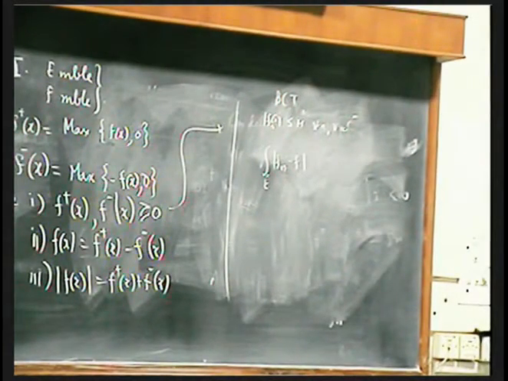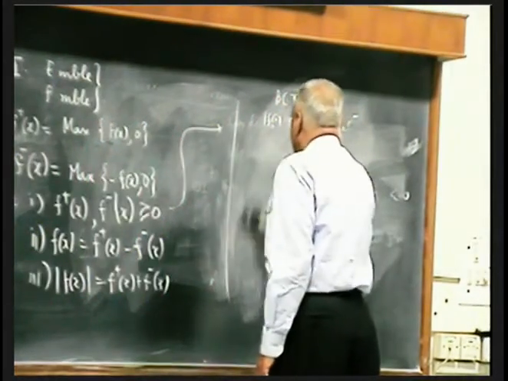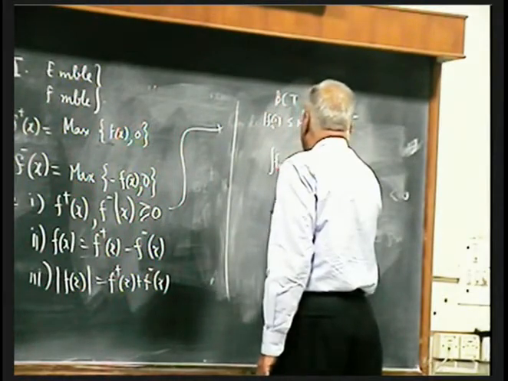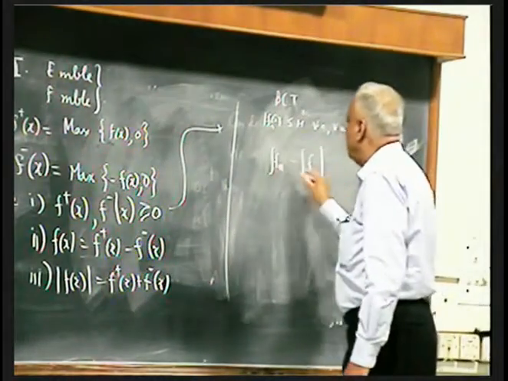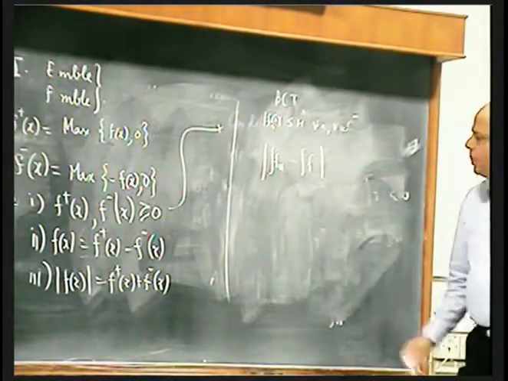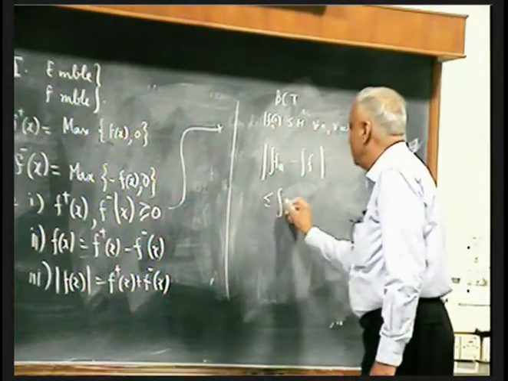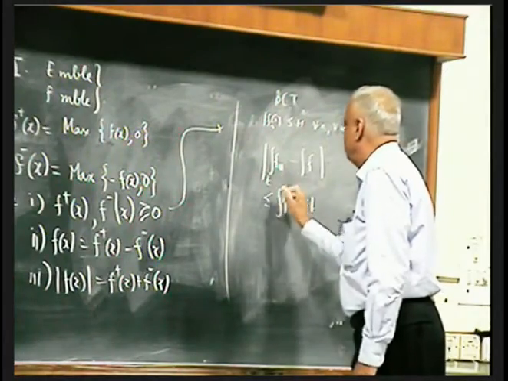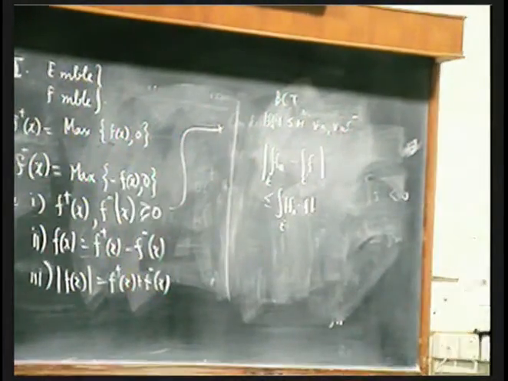I want to show that integral Fn converges to integral f, so I look at the difference and show that it can be made small.